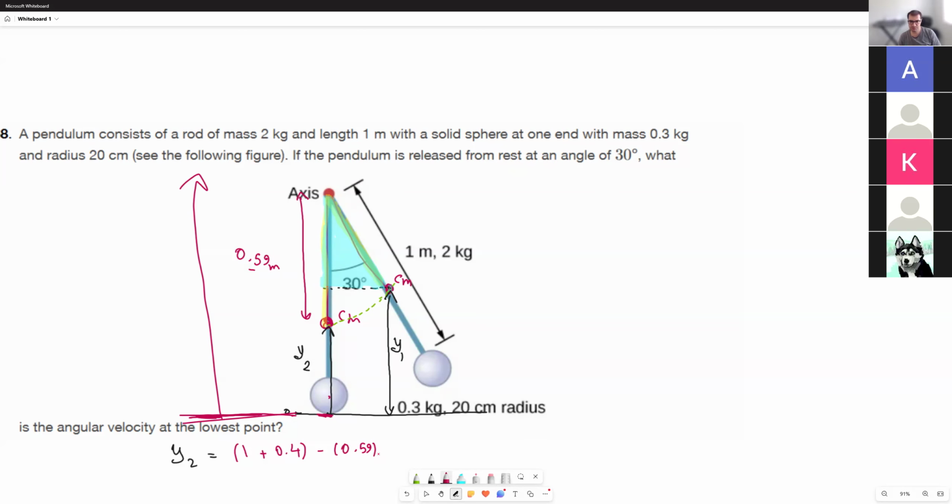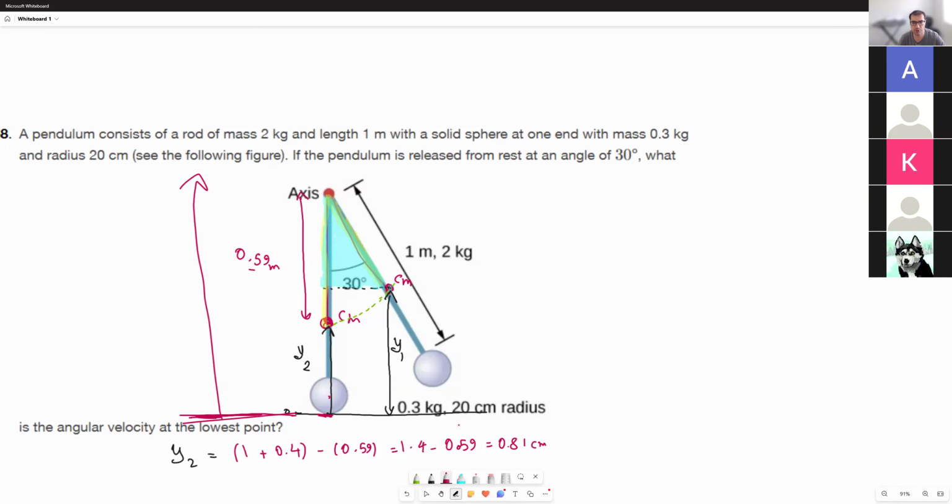That's going to be y2. Perfect. So 1.4 minus 0.59. Agapi, you got 0.81.